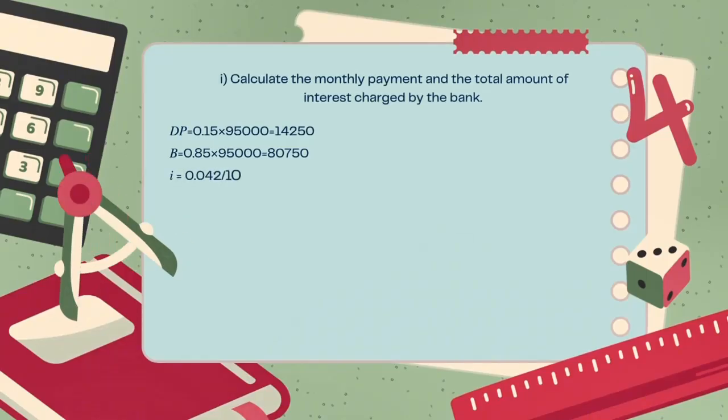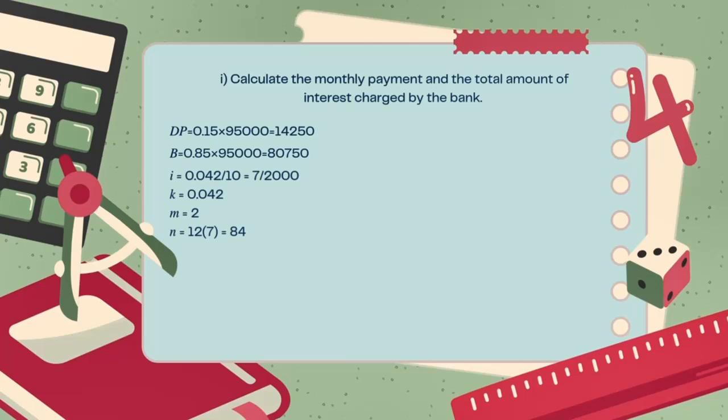The bank offers a 7 year loan with an annual interest rate of 4.2% compounded monthly. Therefore, the monthly interest rate is i equal to 0.042 divided by 12, and i is 0.0035. The total number of monthly payments is n equal to 7 times 12, equal to 84 months.